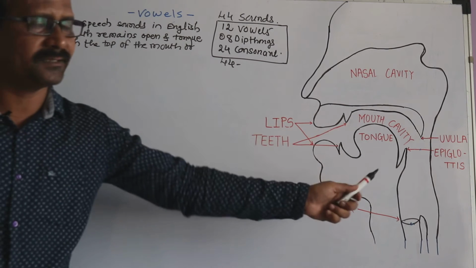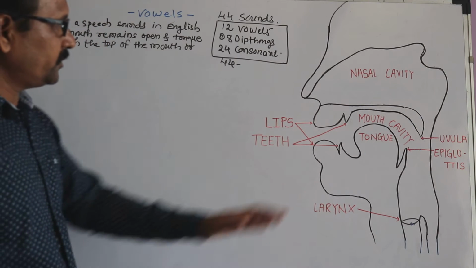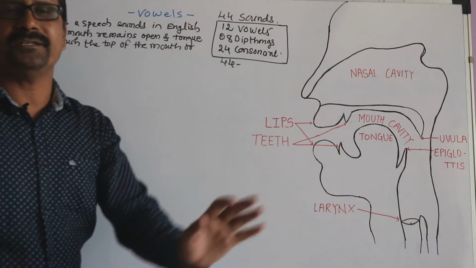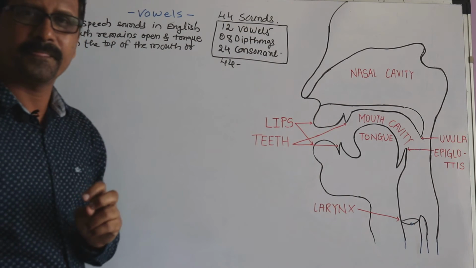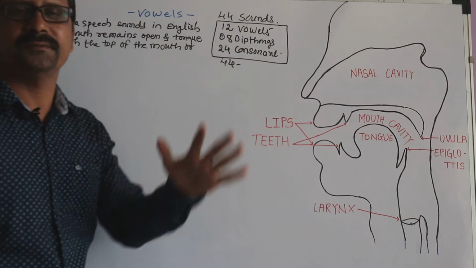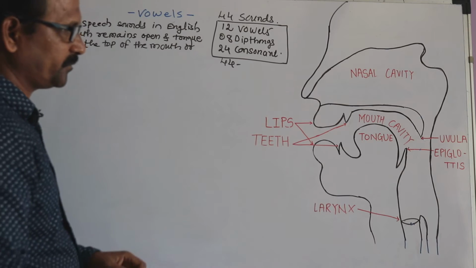Just try to understand through this figure of speech. So what happens when we produce any kind of vowel sound? We have 12 vowel sounds. How are sounds produced? Let's see with the help of the figure of speech.